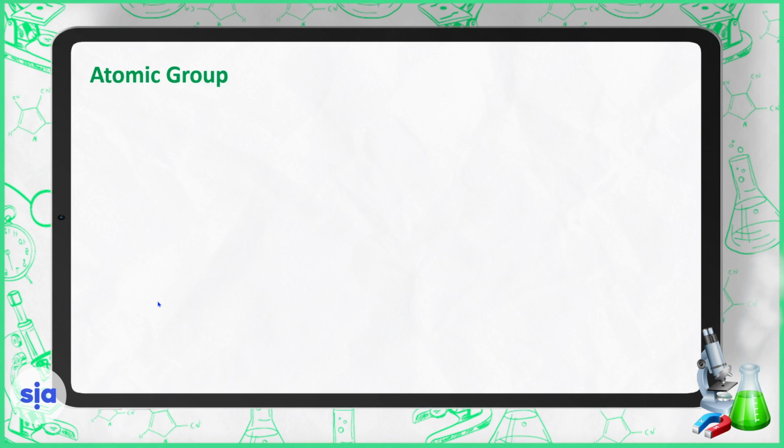But we have some groups that enter the chemical reaction as one group. Okay, so the hydroxide group, what is the hydroxide group? It's formed of oxygen and hydrogen together, and they enter the chemical reaction as a group, not as oxygen alone and hydrogen alone. No, they enter the chemical reaction as a group, the hydroxide group.